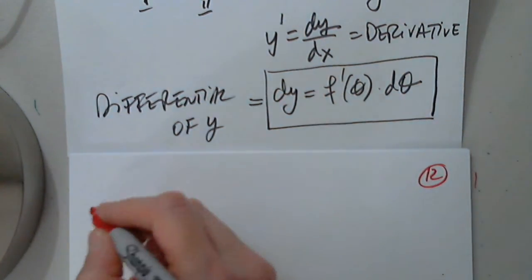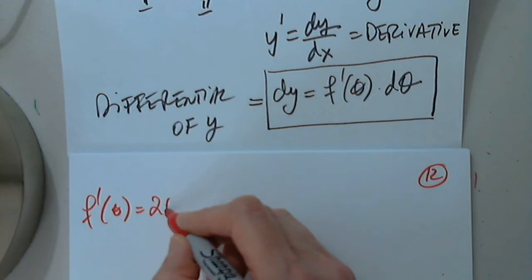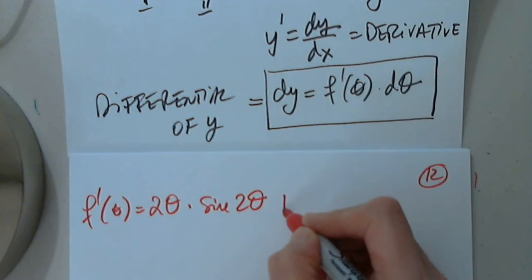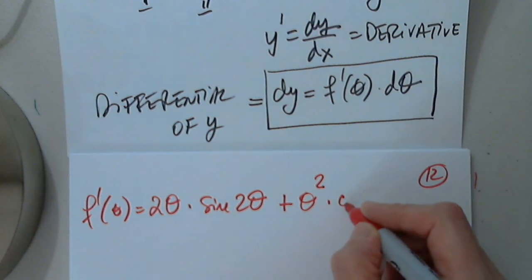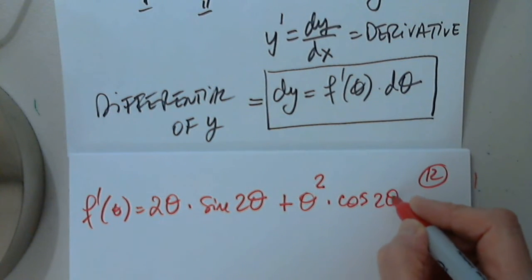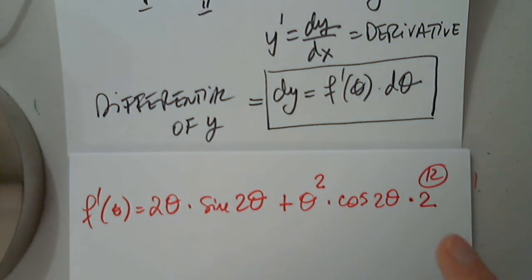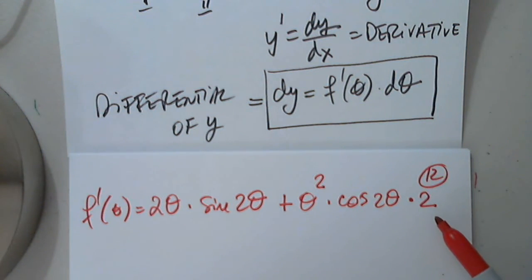Good. So f prime of theta, of course, you already told me, is 2 theta times sine 2 theta plus theta squared times cosine 2 theta and times 2. So sine prime is cosine times the inner function prime, which is 2.